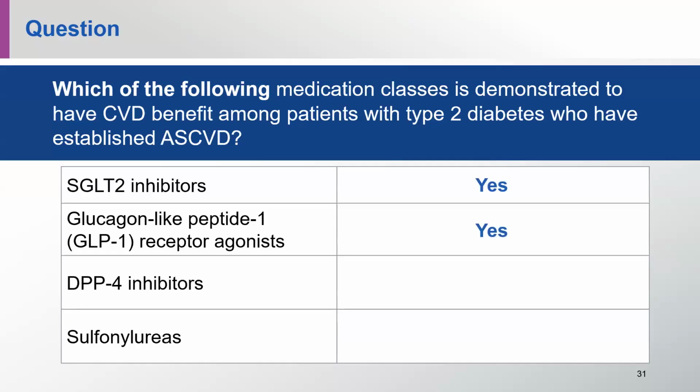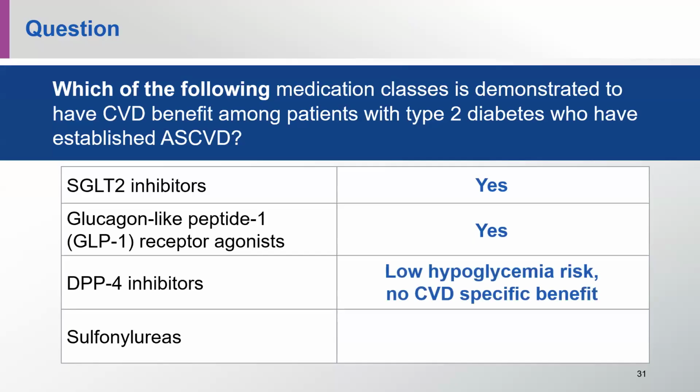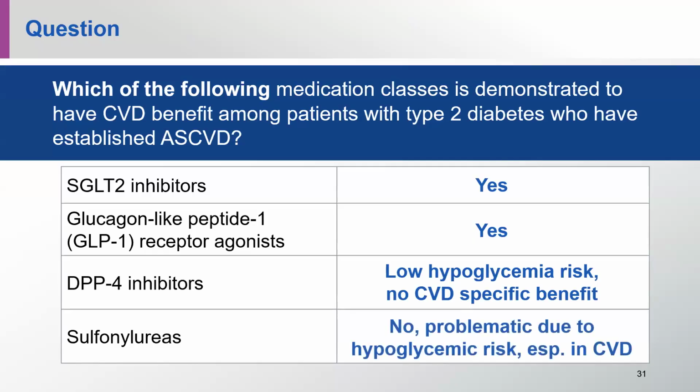Yes. The DPP-4 inhibitors? No. But they have low hypoglycemia risk, but there's no specific cardiovascular benefit. The sulfonylureas? No, and they're really problematic due to their hypoglycemia risk, particularly in cardiovascular disease.